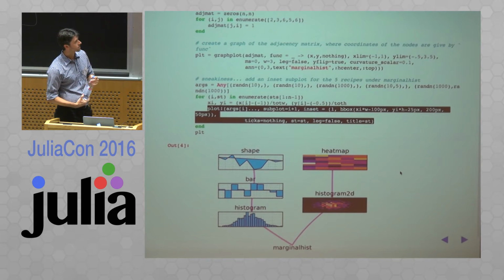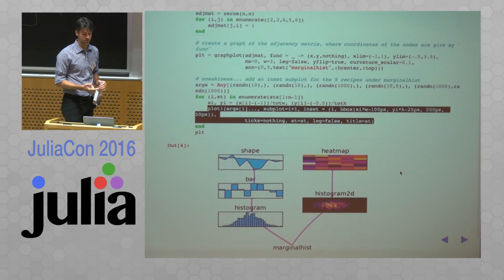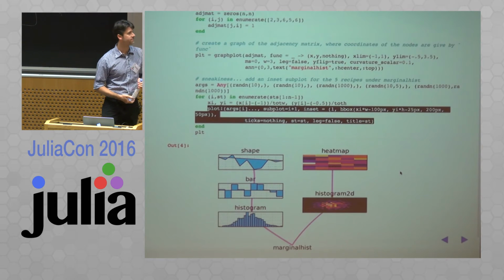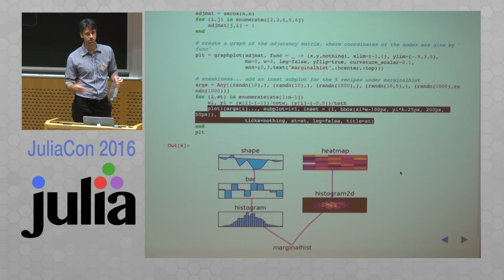And so one of the great things about this switch to recipes is that I've been able to comment out over half of my backend code because I no longer need to support most of these things. I can just let the recipes pass it through to a shape and let PyPlot draw a shape. And PyPlot is just drawing all these shapes as it needs.